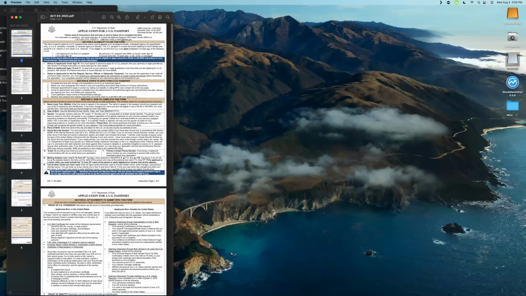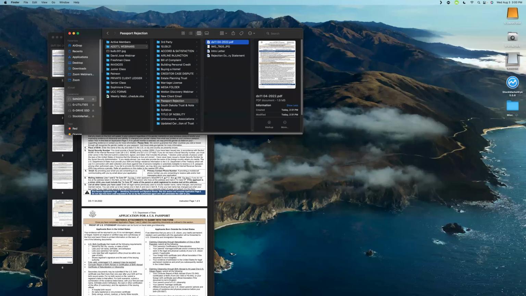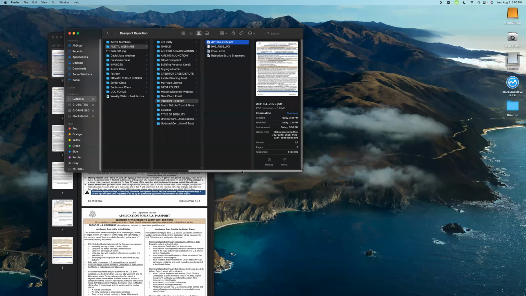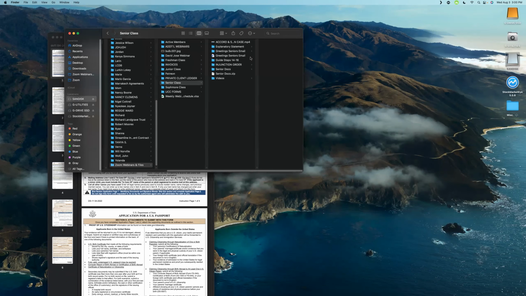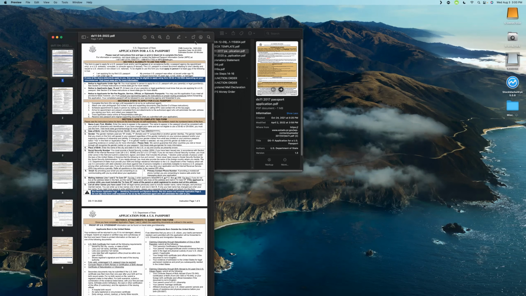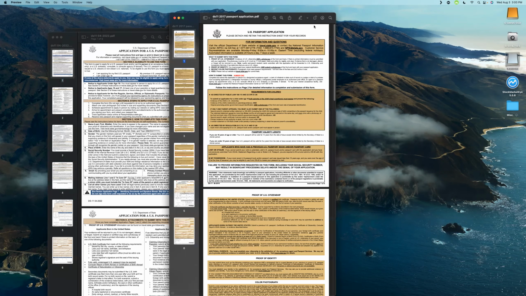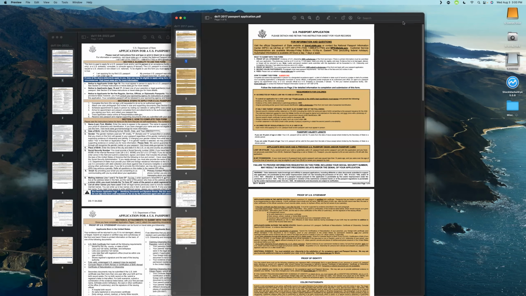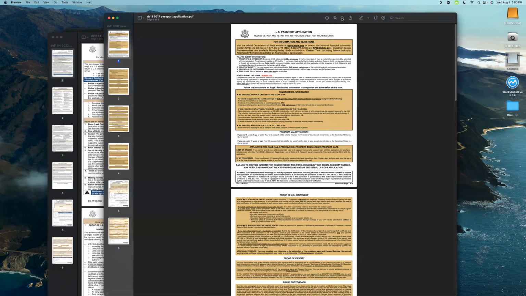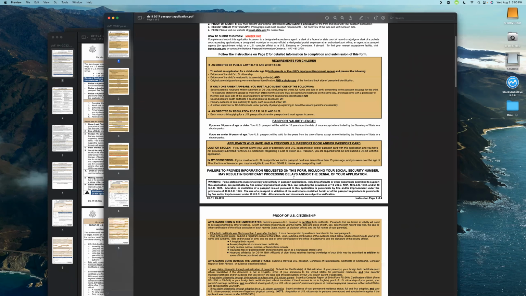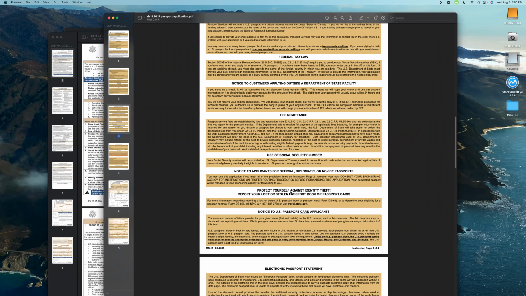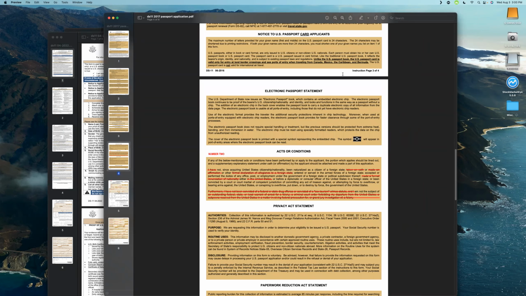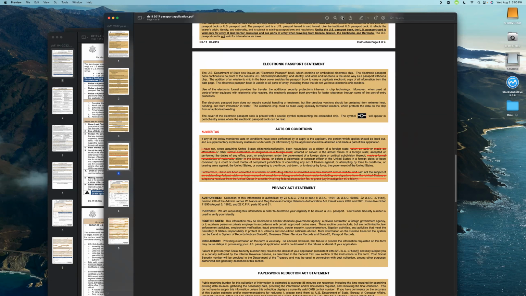What I want to do is compare the newer applications versus the older ones. That's something very interesting to see, the difference. So when I did mine back in 2020, this was the application that was submitted. And if we go to the acts and conditions section right here, it tells us what to do.